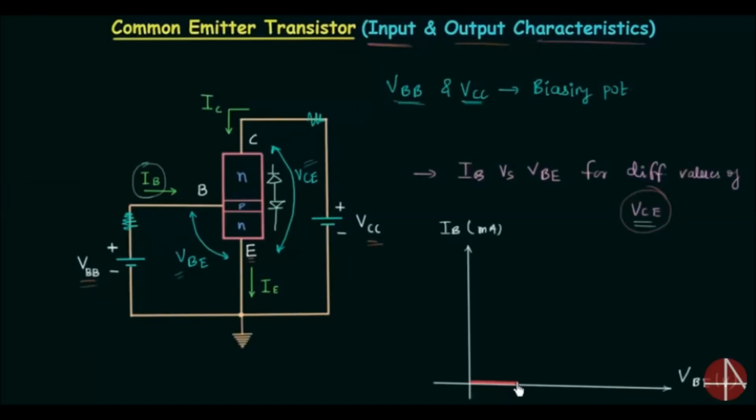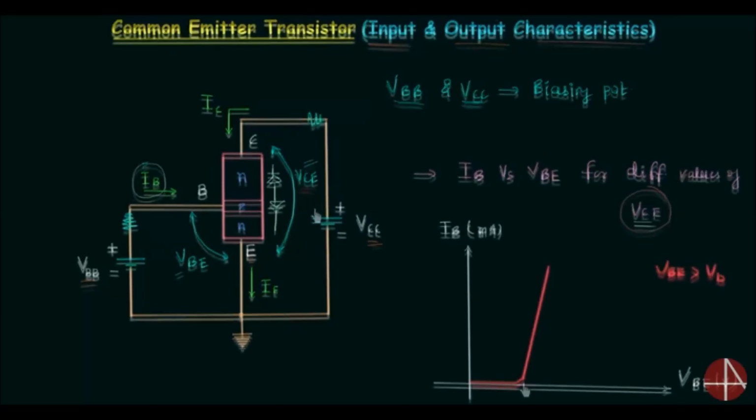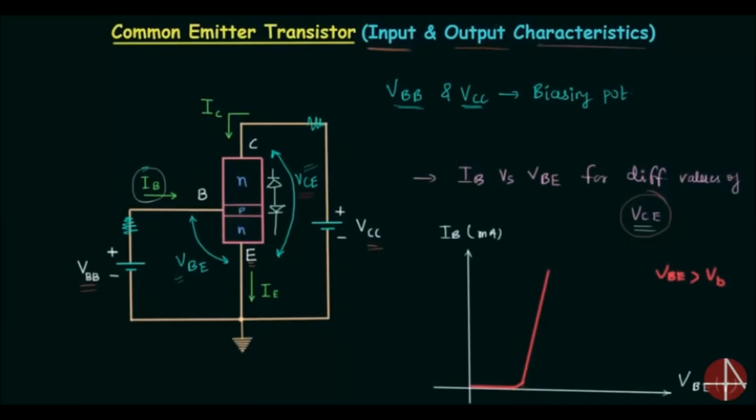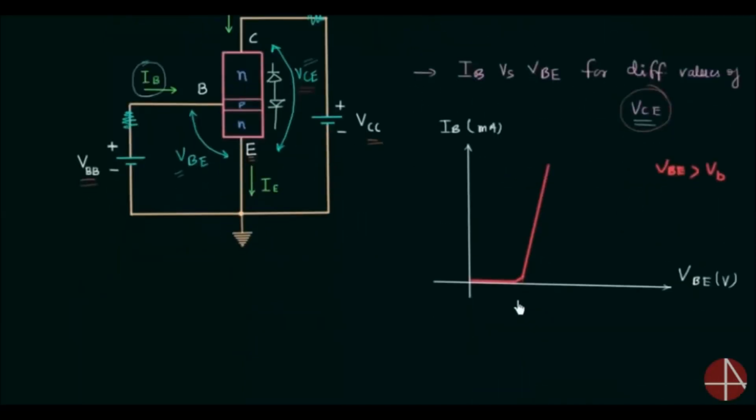Then current starts to increase with increase in VBE, and when VBE is greater than the barrier potential, there is an exponential rise in the current. So this is the forward bias characteristics of the PN junction diode. I am considering the silicon diode, so the barrier potential is equal to 0.7 volts.